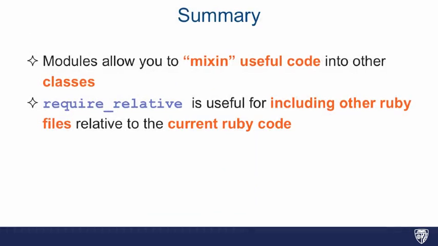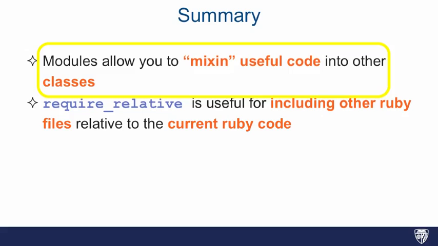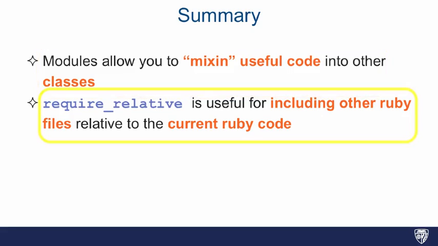In summary, modules allow you to mix in useful code into other classes. This could be Ruby modules, or this could be your own modules that maybe you want to share. And require_relative is a useful way of including other Ruby files relative to the current Ruby file. So this way you don't have to put all 20 classes, let's say, that you're dealing with in the same file.